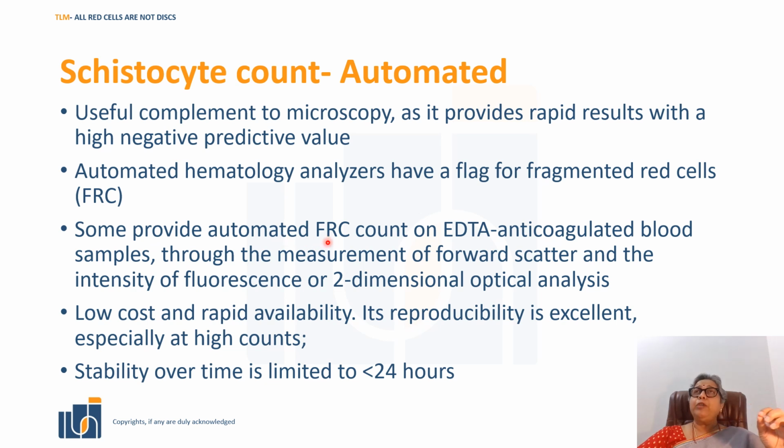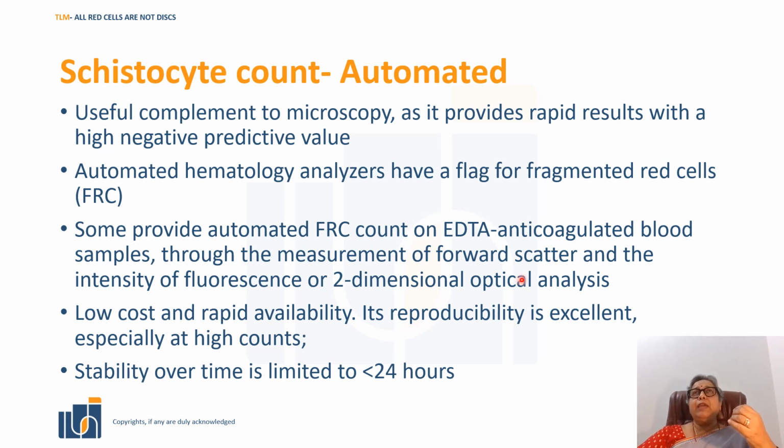Some provide an automated FRC count on the EDTA anticoagulated blood samples through the measurement of forward scatter and the intensity of fluorescence or by two-dimensional optical analysis. So depending upon whether you're using this manufacturer or that, the technology will vary, but you can get a FRC count, and that count is fairly reliable and it has been validated in several studies.